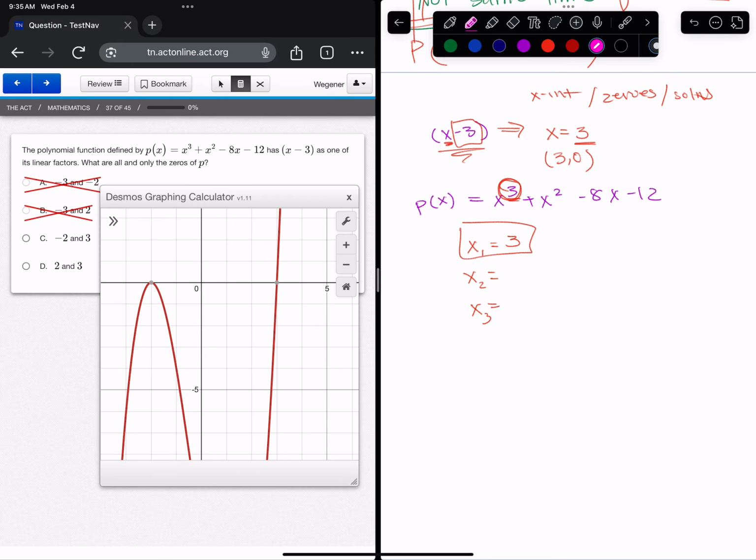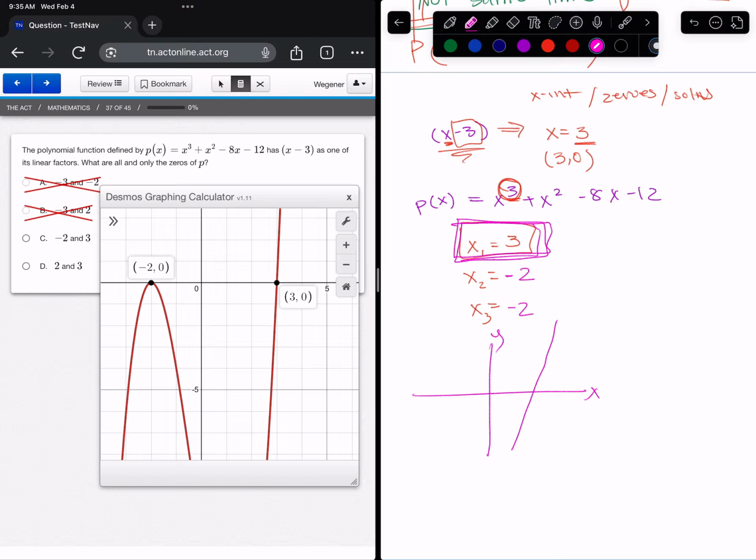Do you see how at 3 comma 0, the graph goes across the x-axis? That just means there should be an odd amount of that 3. Now, when it comes to negative 2, it's actually 2 solutions, okay? So when you have an odd amount of solutions, you cross the x-axis.